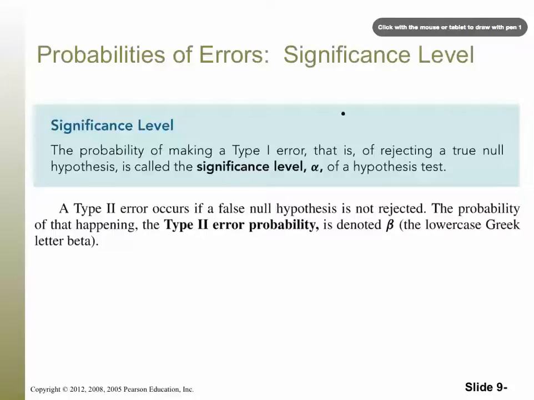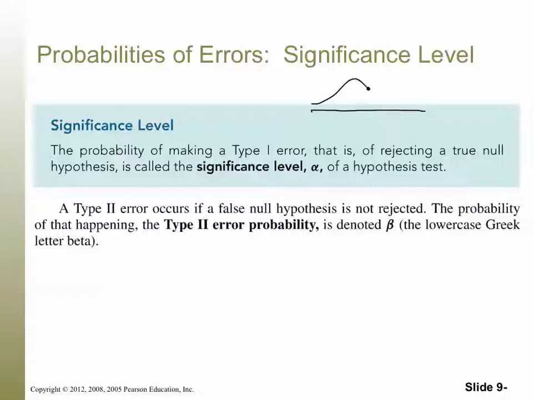So, in that last one that you just did, was it a right or left-tailed test? Left-tailed, right? So our rejection region would be here. And what was alpha? Alpha was an area, right? In this case, that area right there is alpha.